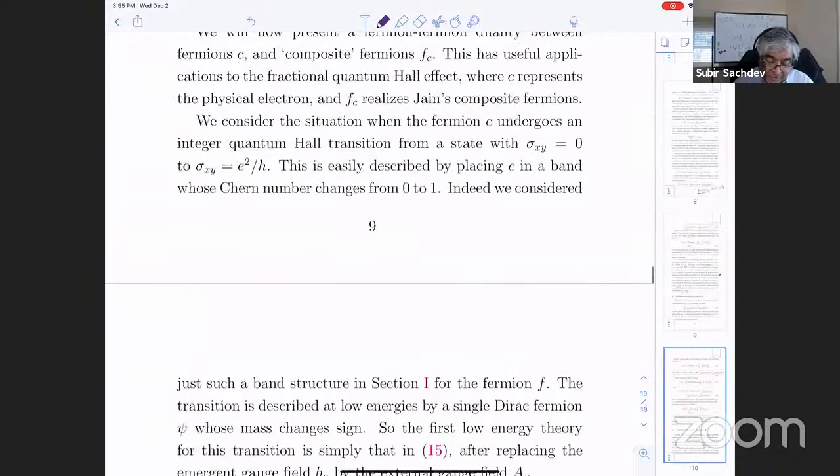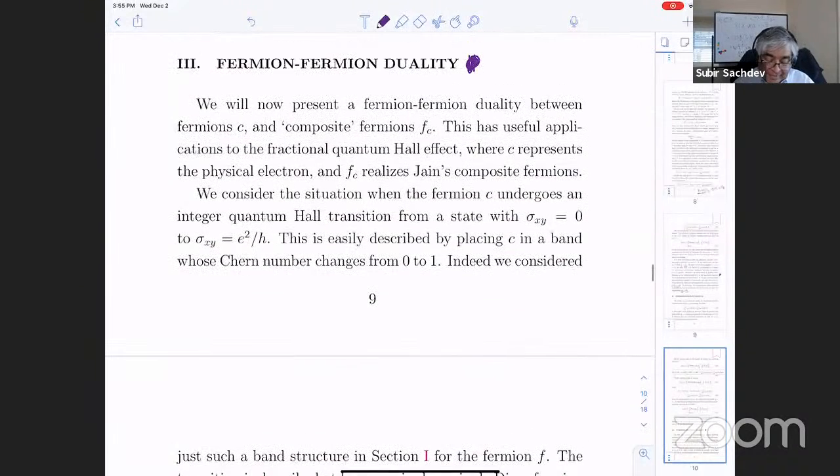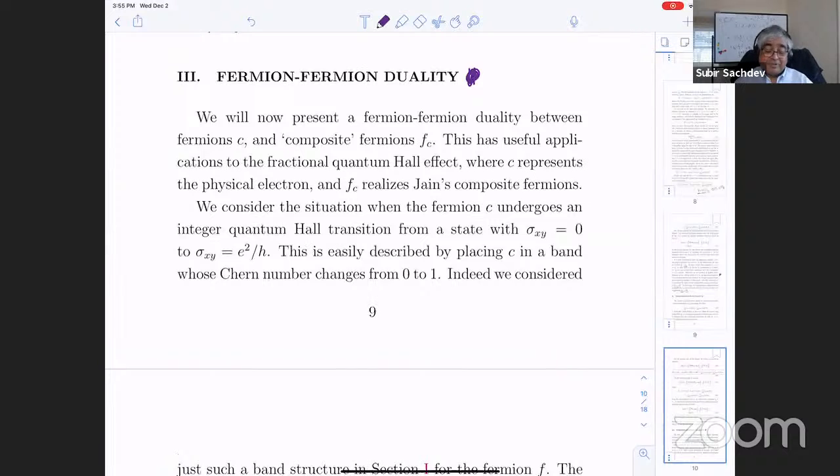So let me just make the basic claim. So far, we described a bosonic transition between a superfluid and an insulator. Now let's describe another transition, which is fermionic, exactly the transition I described before for the F fermion, but in terms of the electron. Suppose I have an electron which undergoes an integer quantum Hall phase transition, where its Chern number changes from 0 to 1.